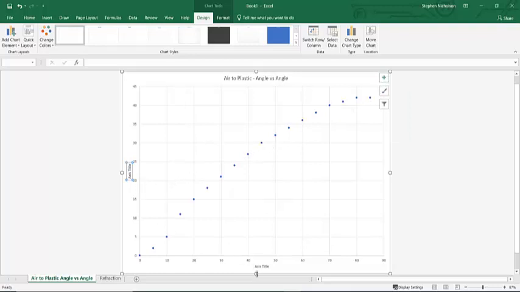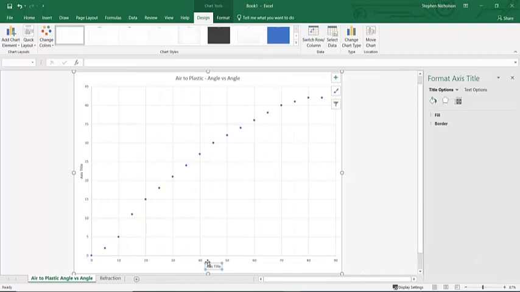So now we have the axis titles. So the x-axis is the angle of incidence in degrees. And did I spell that right? Yeah, I think so. Okay, and then the axis title over here is angle of refraction in degrees. I'll delete that extra bit.